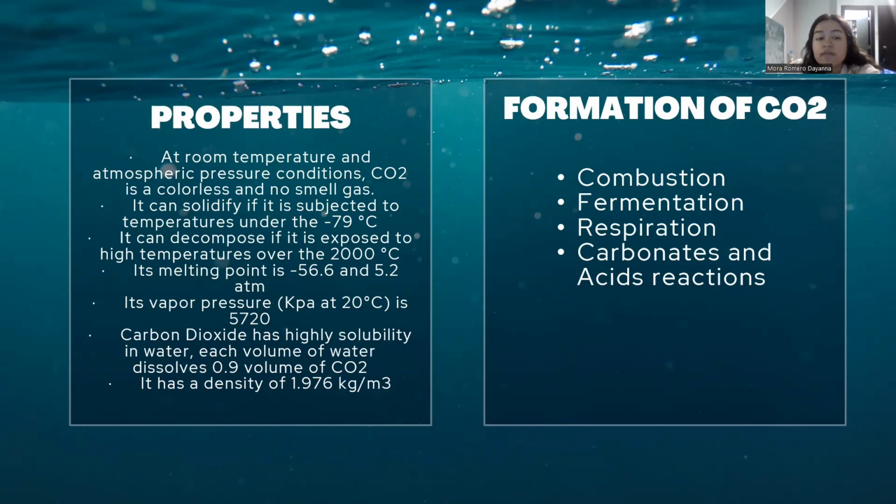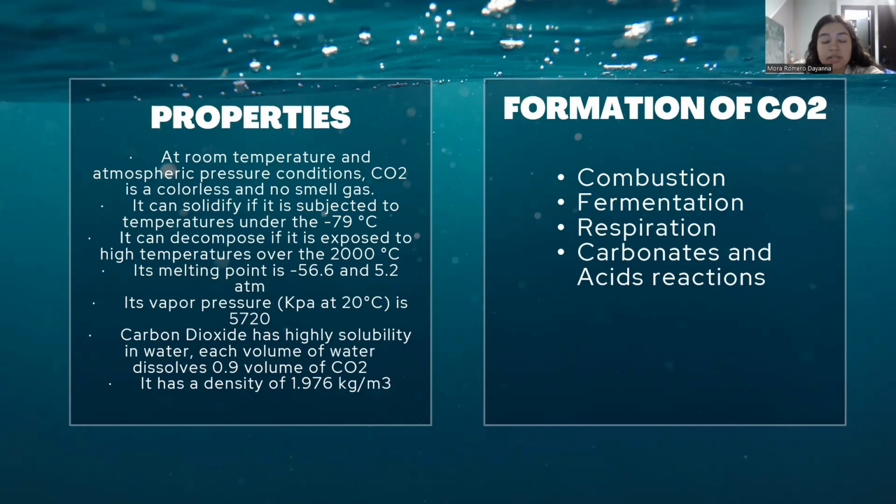We also have the formation of this gas. We have these processes. We have combustion. The combustion of fossil and non-fossil materials like gas, petroleum, carbon, and others produces carbon dioxide. Also, we have fermentation. In this process, for example with sugar, some yeast and bacteria usually produce acid, alcohol, and CO2.